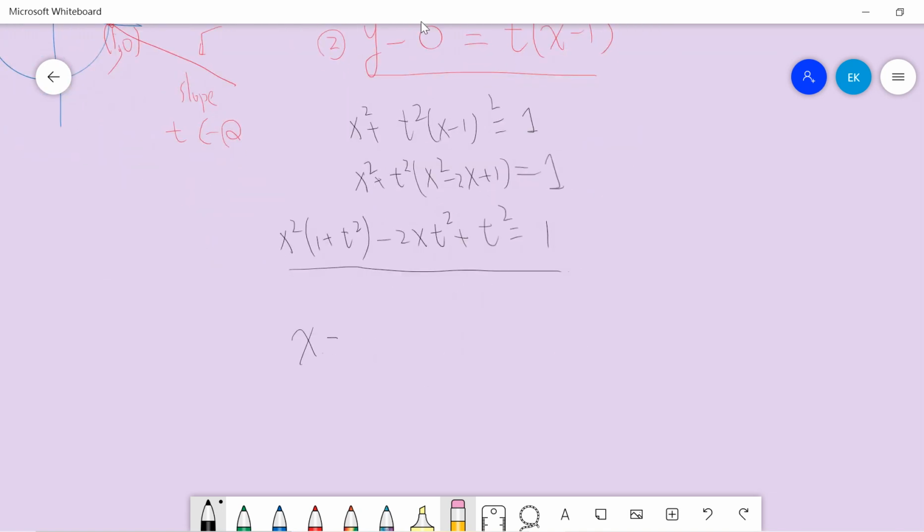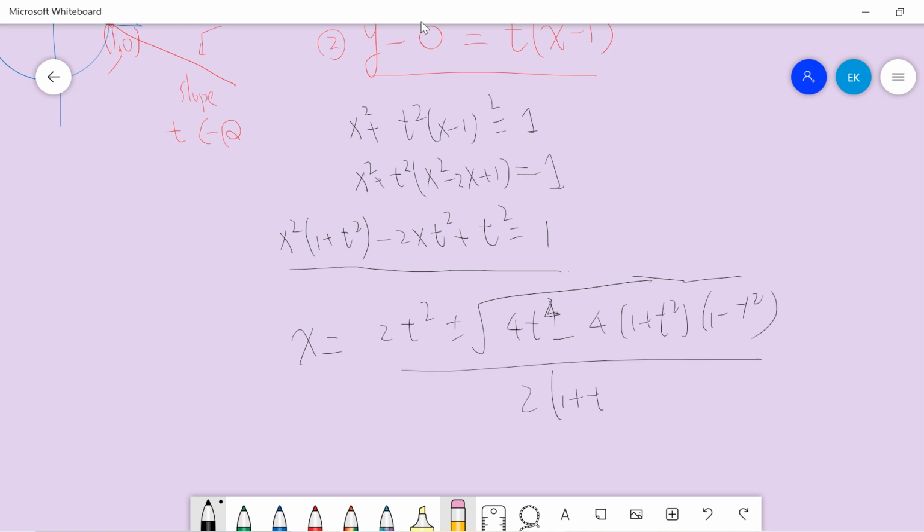So x equals 2t squared plus or minus the square root of 4t to the fourth minus 4 times (1 plus t squared) times (t squared minus 1), divided by 2 times (1 plus t squared).